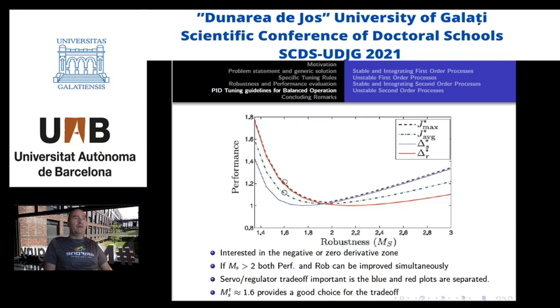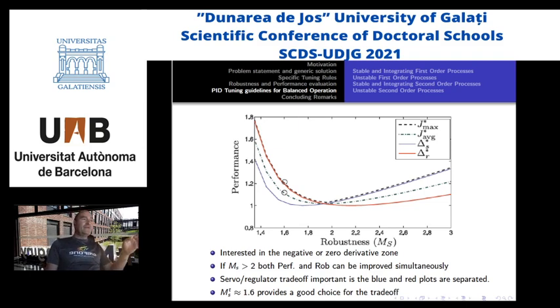In the picture, take the circle at 1.6. What happens at this point is that if you increase robustness a little bit, so you move a little to the right, then the performance decreases quite fast. And if you reduce robustness just a little bit, then your performance also reduces, because you get to quite higher values. So there is a trade-off here.